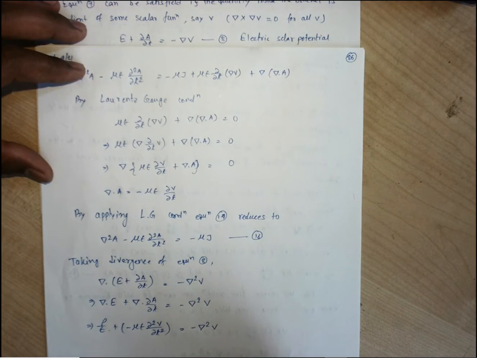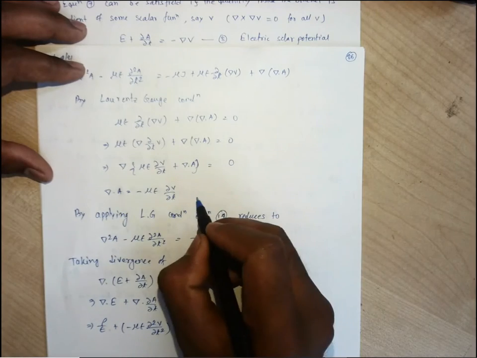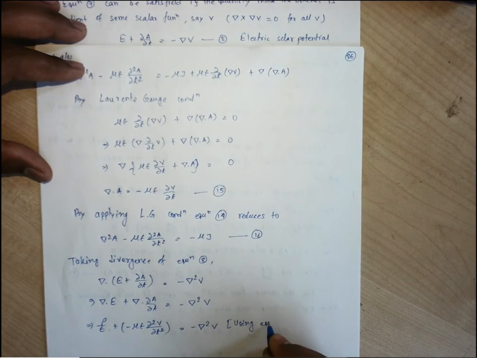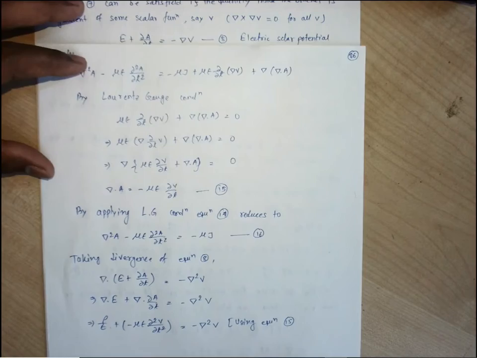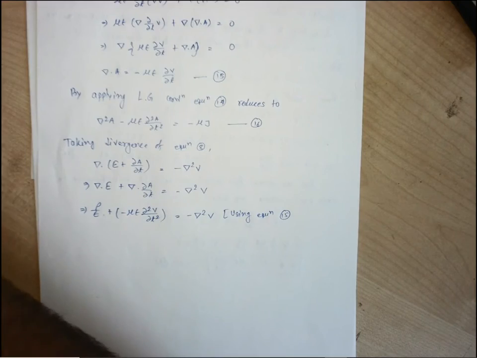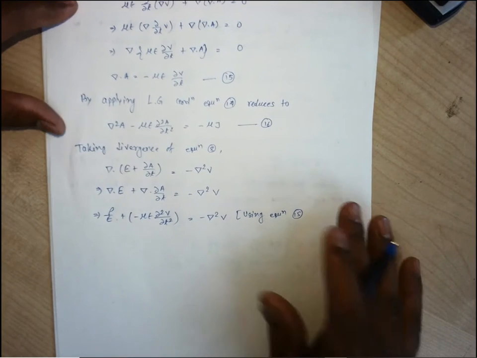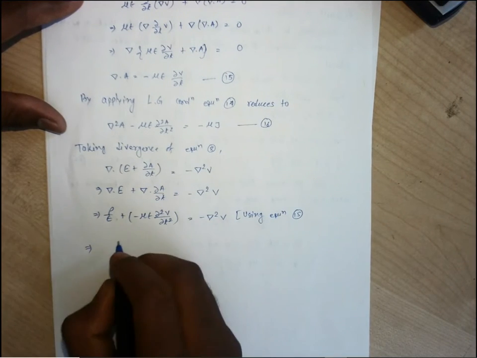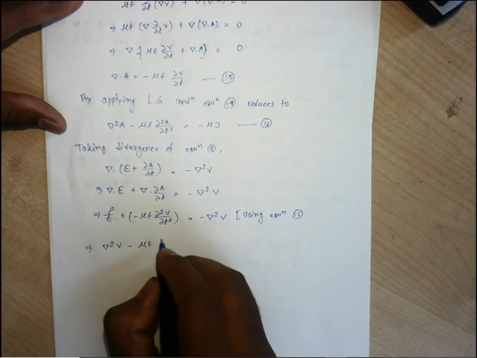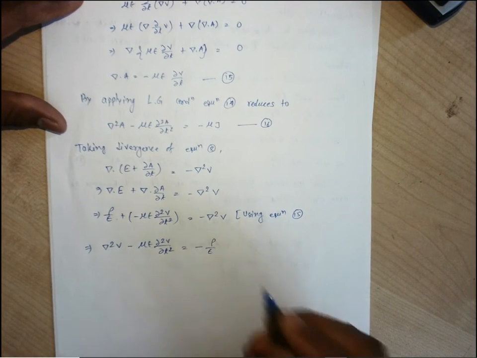So by Lorenz condition, using equation 15, what we can write here is del square V minus mu epsilon del 2 V by del T2 is equal to minus rho by epsilon.